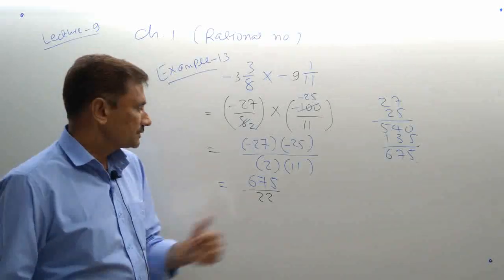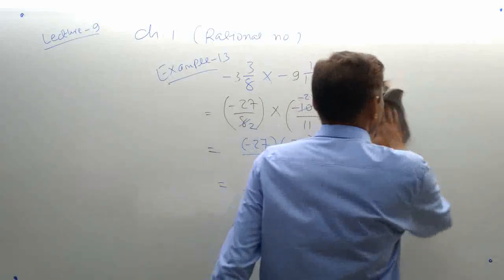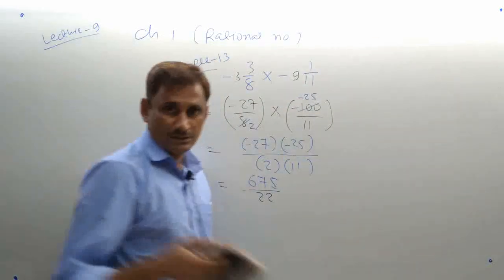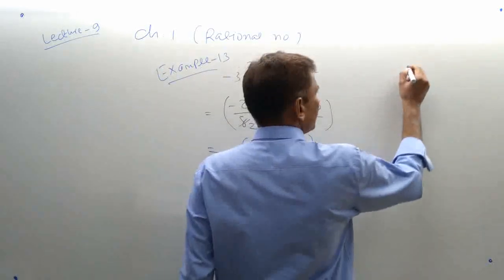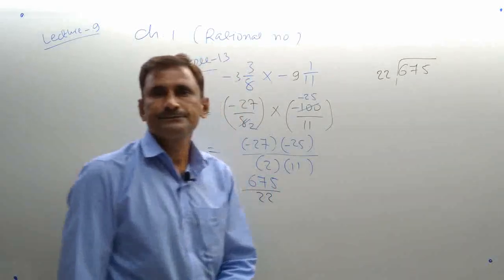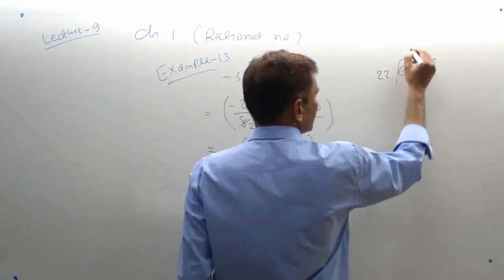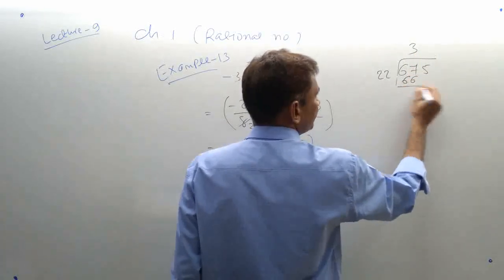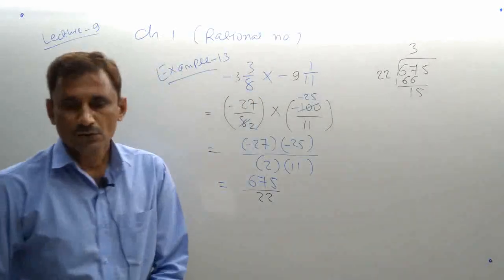Okay. Now, how to convert this improper fraction into a mixed fraction again? Divide it. So I am dividing 675 by 22. Obviously 22 3s are 66 here. 1 is left, then 15, not possible.